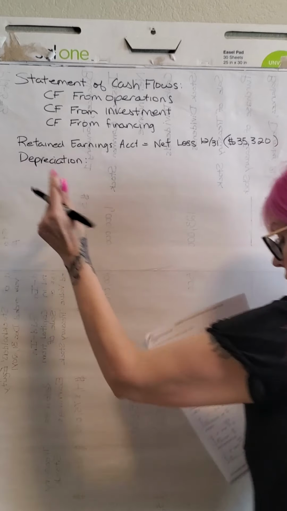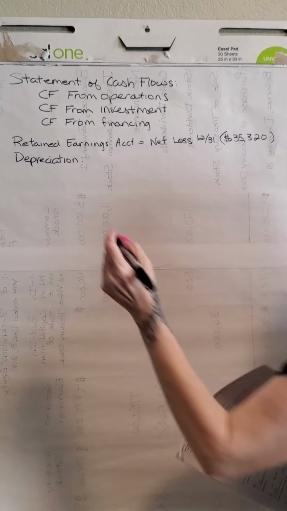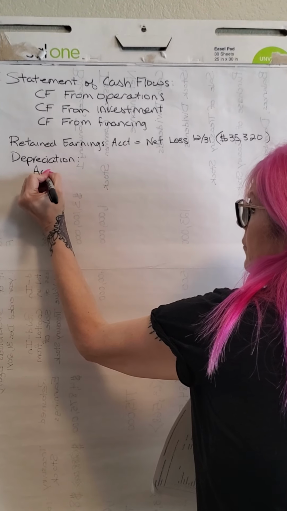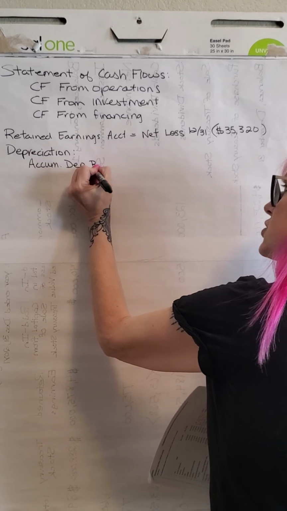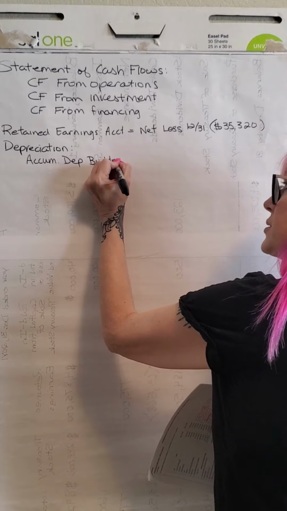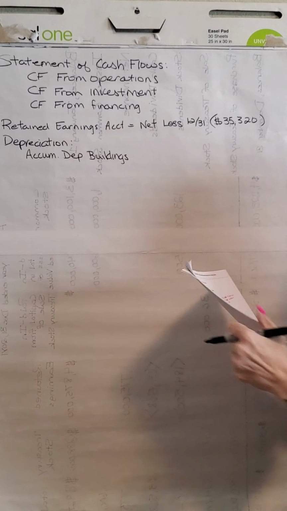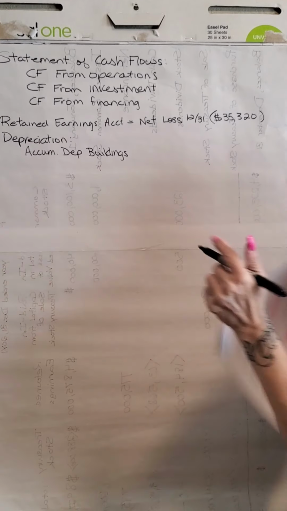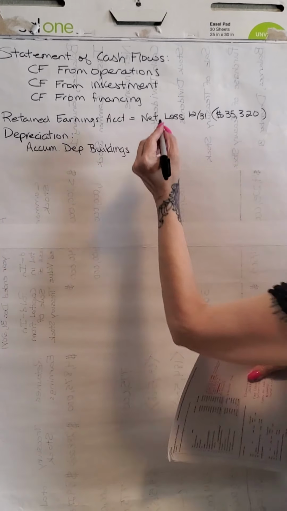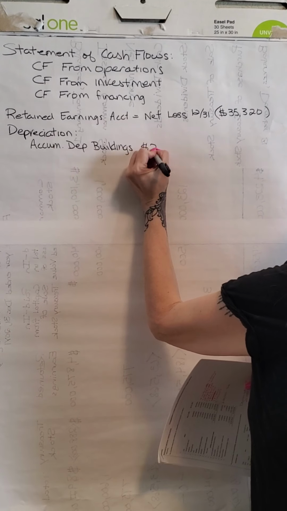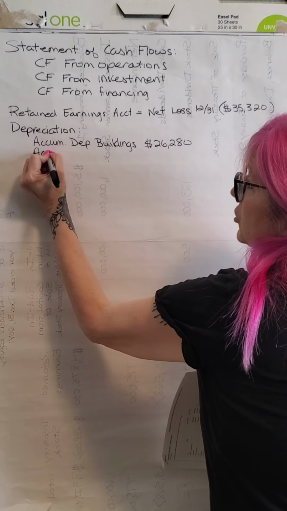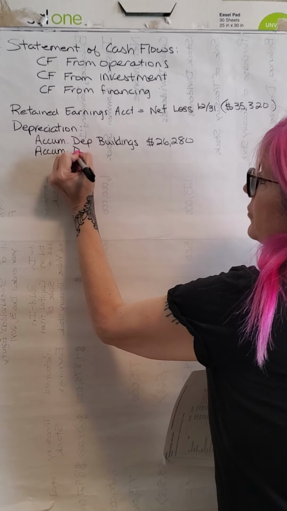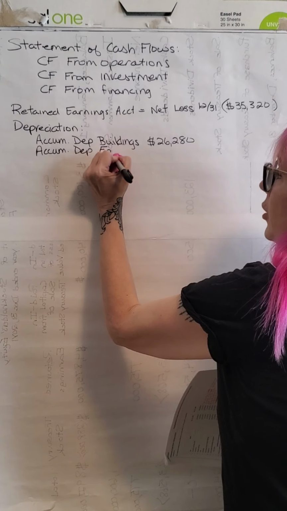So first I'm going to look at the accumulated depreciation account for the buildings, because that tells me how much depreciation expense was taken on the buildings this time. I can see the amount is $26,280. And I'm going to add to that the accumulated depreciation for equipment.